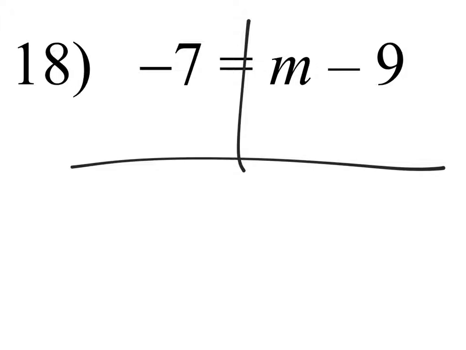I'm going to put a line through the equal sign so that I can perform operations. One of the major things we need to remember, in addition to the additive inverse and inverse operations, is that if I do something to one side of the equal sign, I must do it to the other side so that we maintain equality.